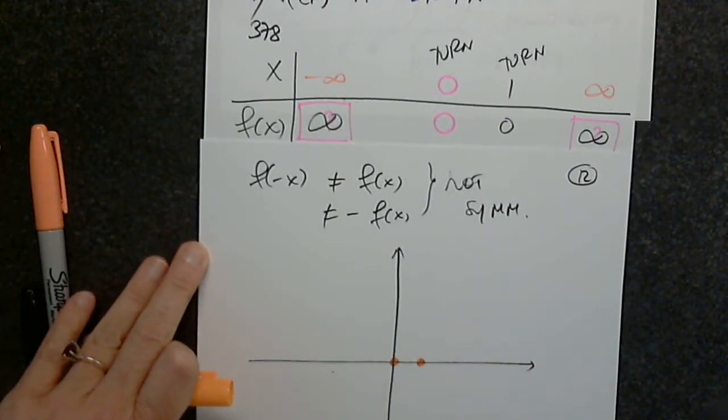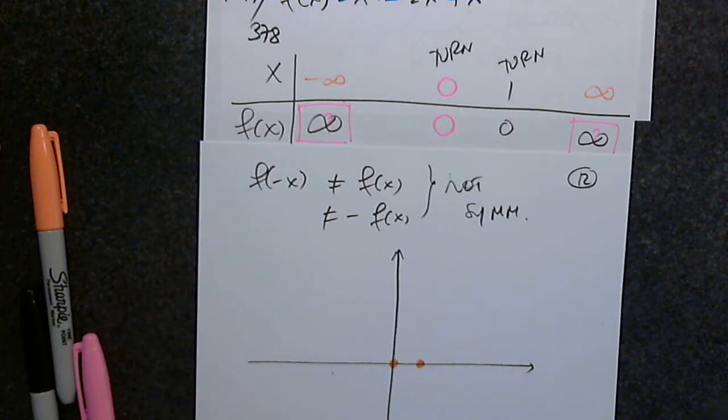And now let's try to understand what's happening here. So I expect the function to do this. Something whatever in the middle, but I expect it to do this. So it starts at positive infinity. It comes down to the origin where it turns. It has to turn again because it comes back down to 1, 0 and turns again to go to infinity.